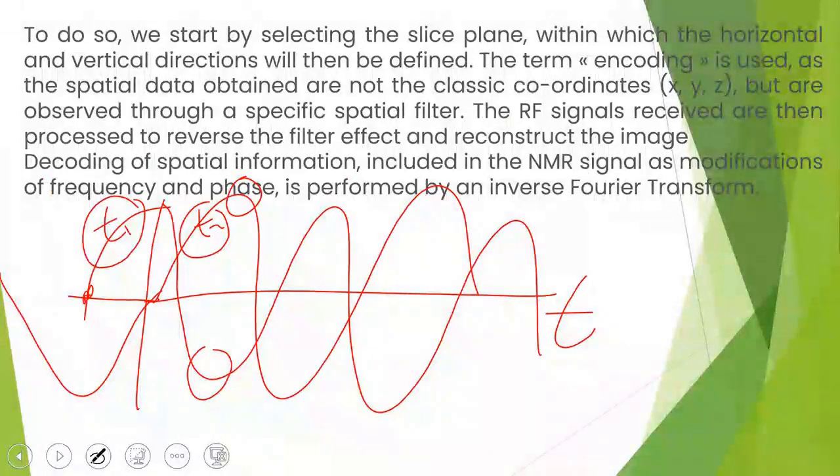This is the game. The idea of encoding is that you want to differentiate between the signal coming from the patient, either in different frequencies or coming at different times, and you can distinguish between them. This is what we do with our three gradients. You make each pixel in the image contain a set of protons that can play in frequency and phase.